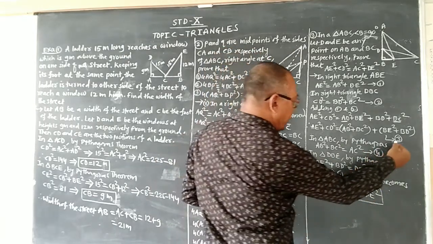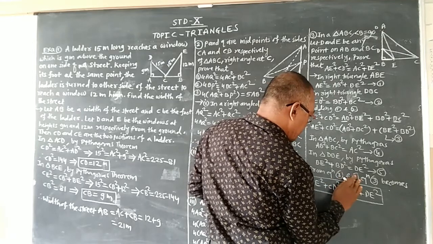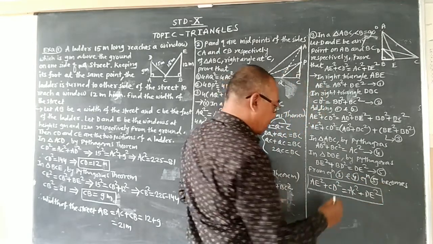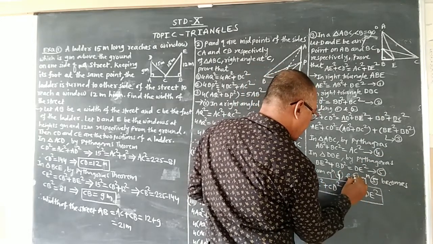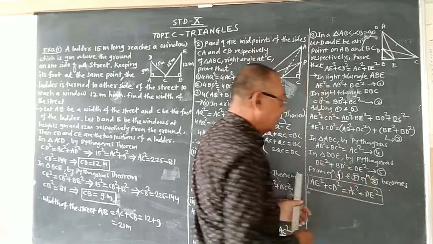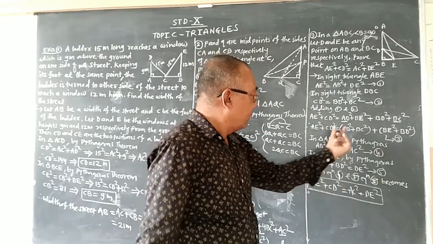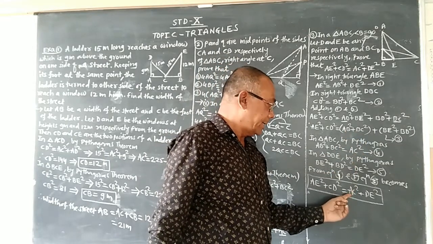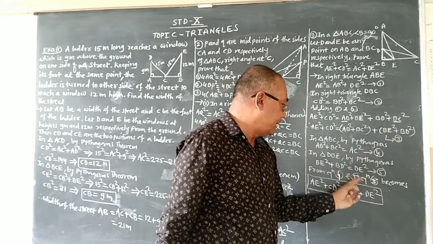Now from equation 4 and 5, equation 3 becomes AE square plus CD square is equal to AB square plus BC square means AC square plus here BE square plus BD square, it will be DE square.